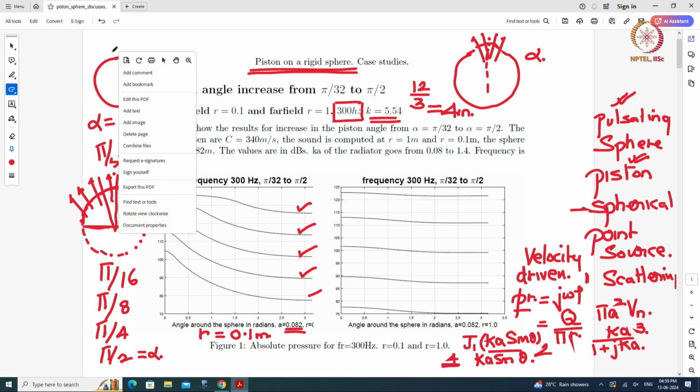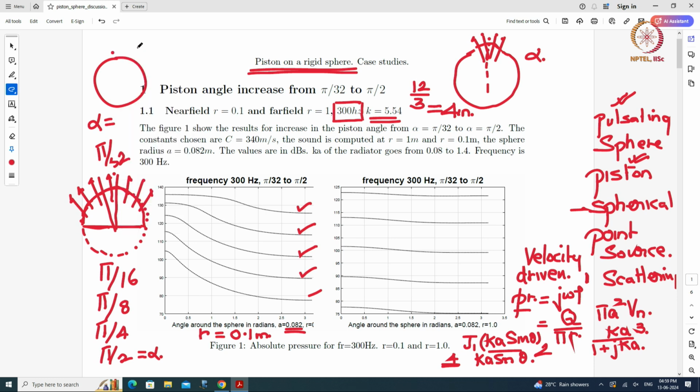We will call it the near field. So this side will be the near field, whereas this side I am measuring at 1 meter, so maybe it is in the far field. These are the pressure plots computed in dB, but I would not want you to focus on the numerical value of the dB. It is unimportant.